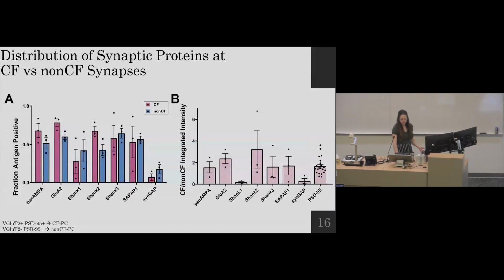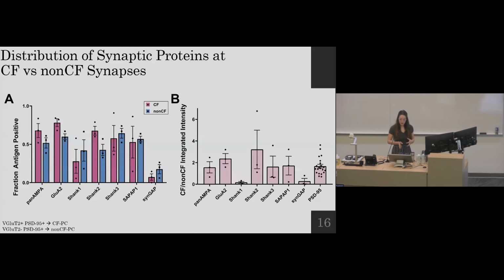So these results show the fraction of climbing fiber versus non-climbing fiber synapses positive for each antigen. The two-way ANOVA showed significant differences between antigens, but not between climbing fiber versus non-climbing fiber synapses. We can see that AMPA receptors, SHANK3 and SAPAP1 are highly expressed at both synapse types, where SHANK1 and SYNGAP are lower at climbing fiber synapses, and SHANK2 is lower at non-climbing fiber synapses.